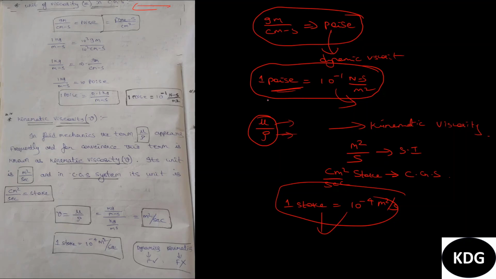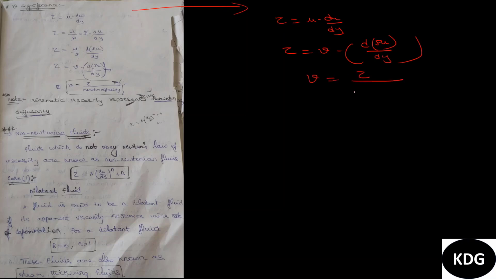Next, what is the significance of kinematic viscosity? Shear stress equals mu into du by dy. If we convert this as mu by rho into d of rho u by dy, then mu by rho is shear stress by momentum diffusivity.